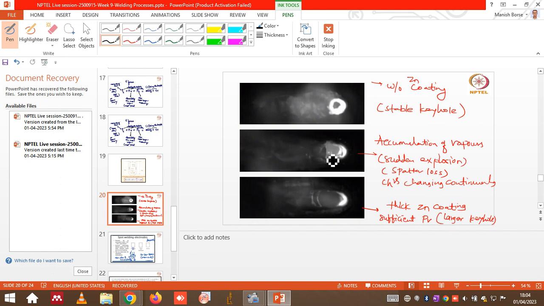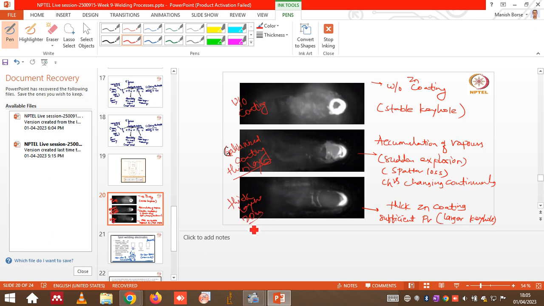So these are galvanized plates. We consider plates without coating, and in certain cases galvanized coating with a thin layer, and here a thick layer of around 20 micron.